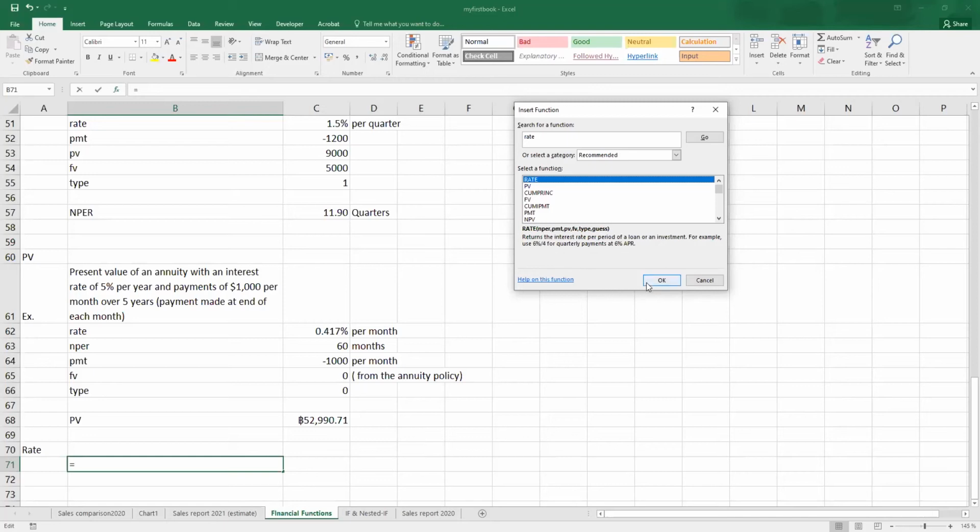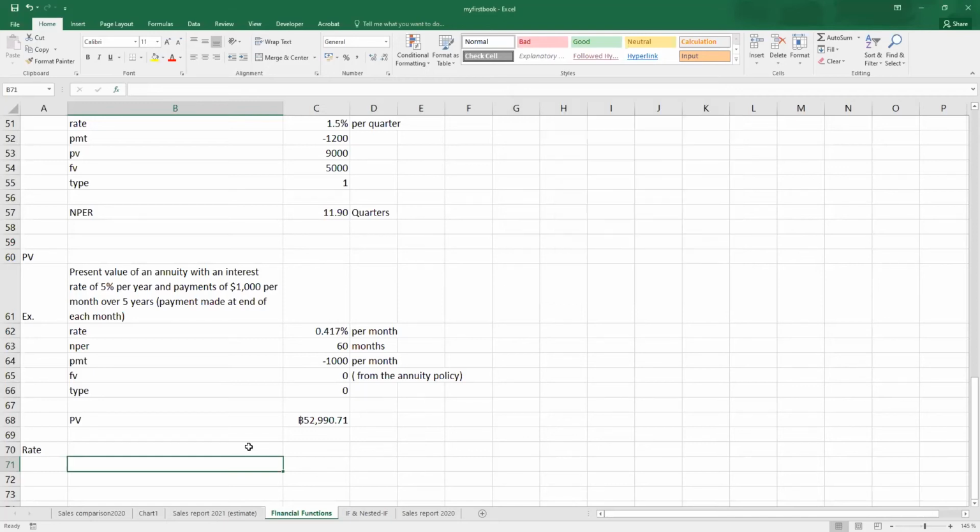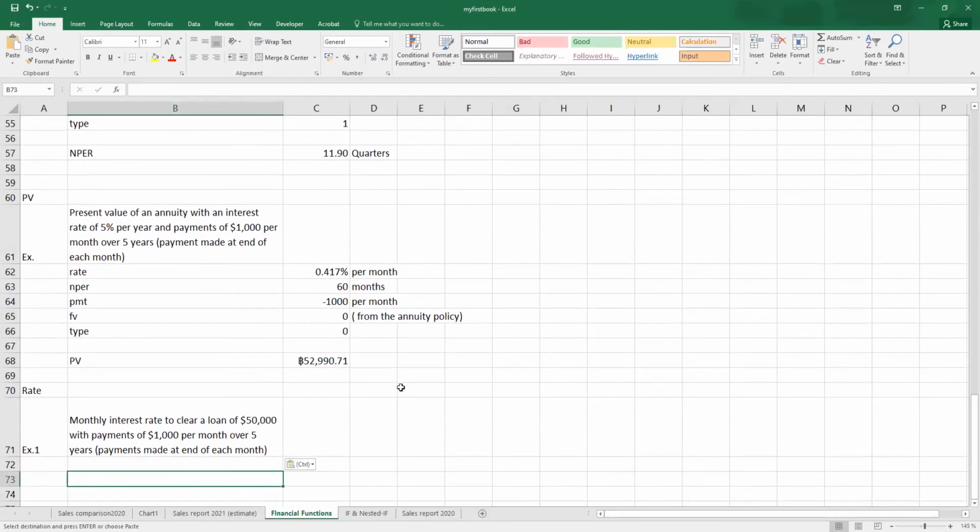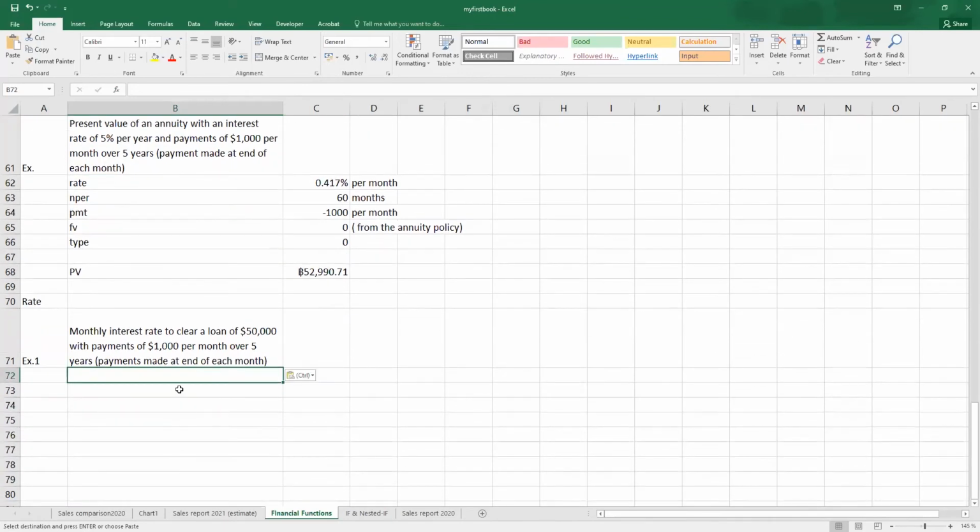Okay, so for this function, let's see the example where we have to calculate with the rate function. In this first example, you are asked to find the monthly interest rate.